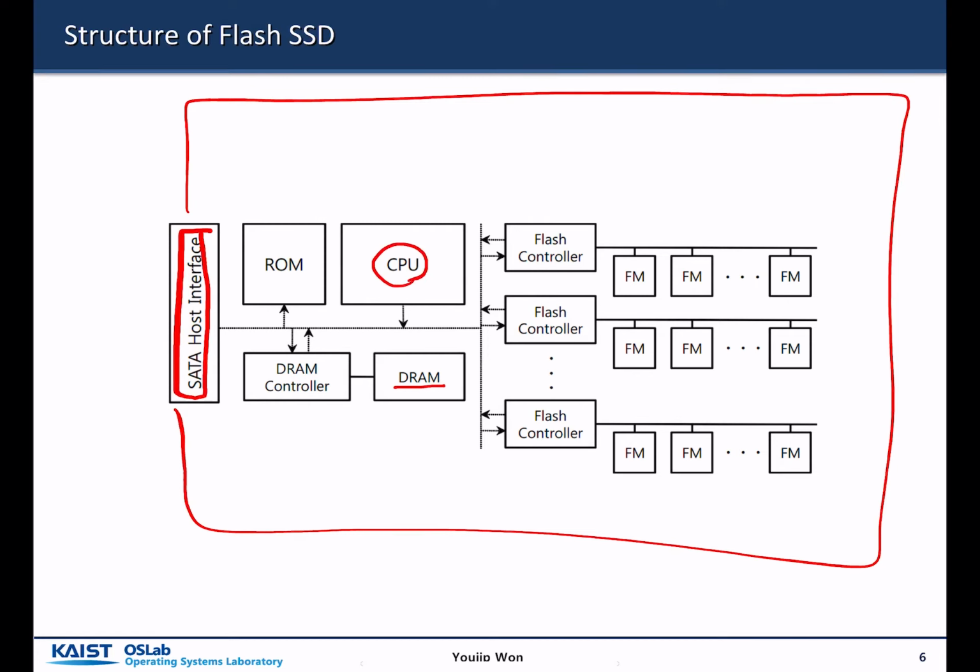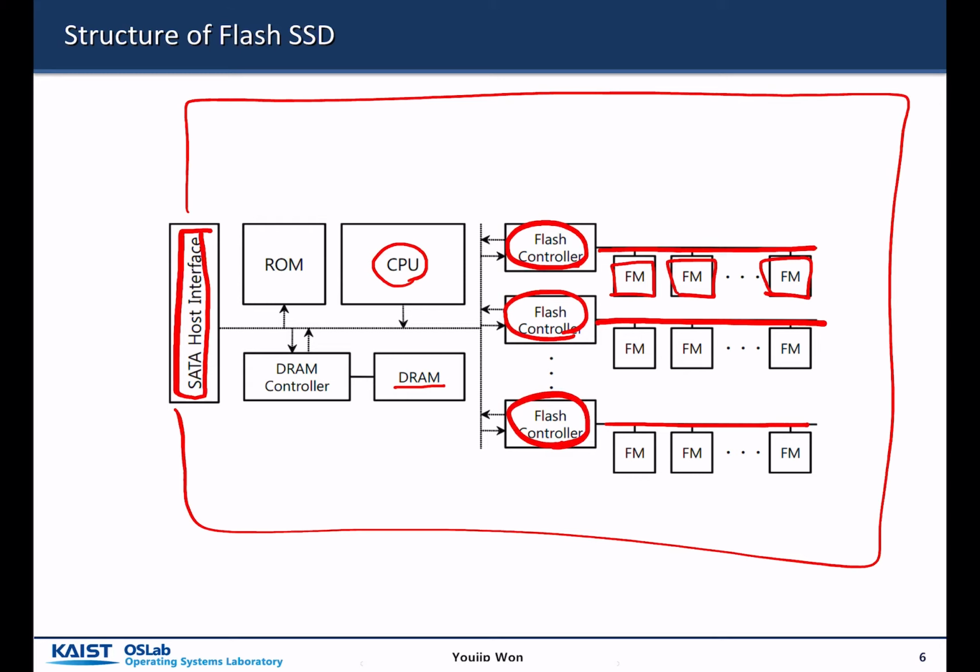Then there is an array of flash memory, and there are multiple channels here, and each channel has its own flash controller. So this is the structure of flash-based SSD.